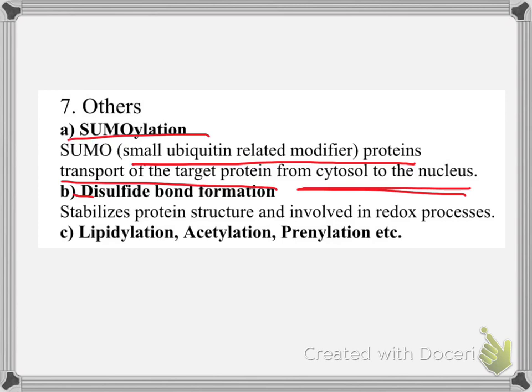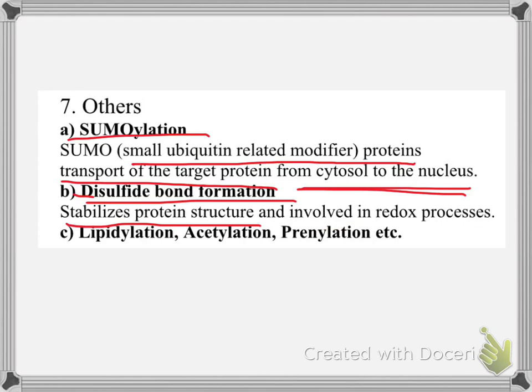Next one is disulfide bond formation, which stabilizes the protein structure and is involved in redox processes.